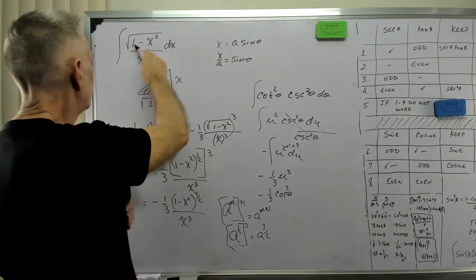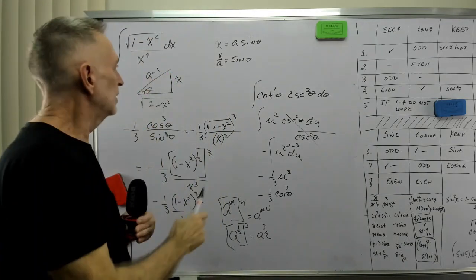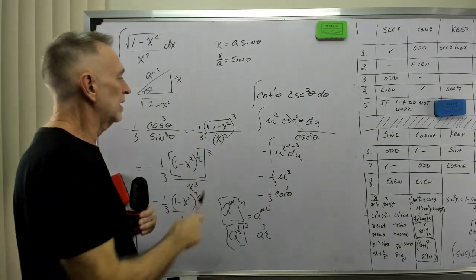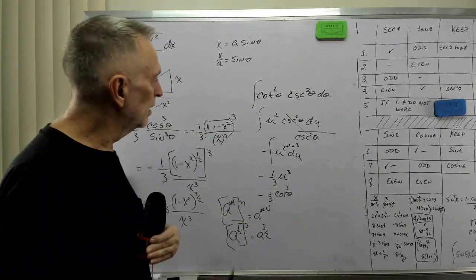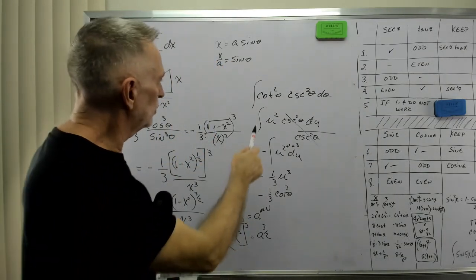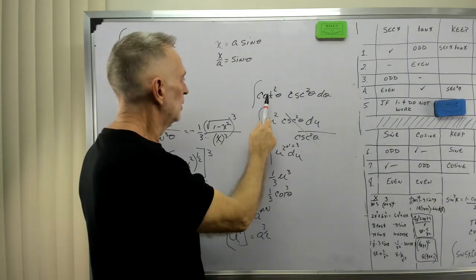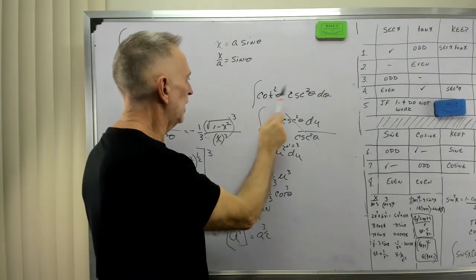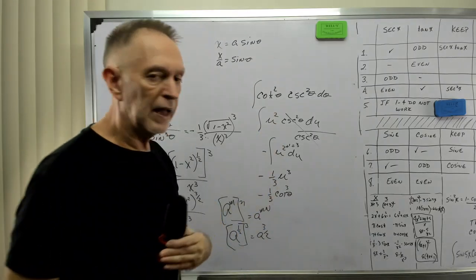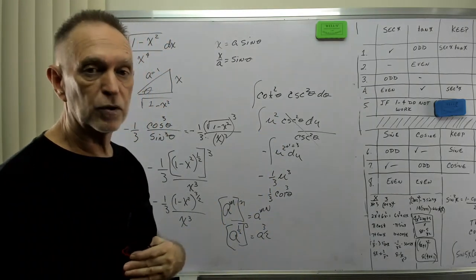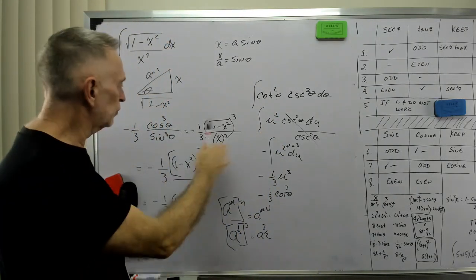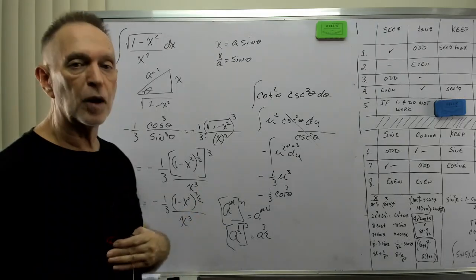A then would be the square root of that number, and then let x equal a sine theta and go from there. The other piece we needed to understand was cotangent, its derivative is minus cosecant squared. That's critical. If you don't know those few things, it's going to be a stumbling block for you.